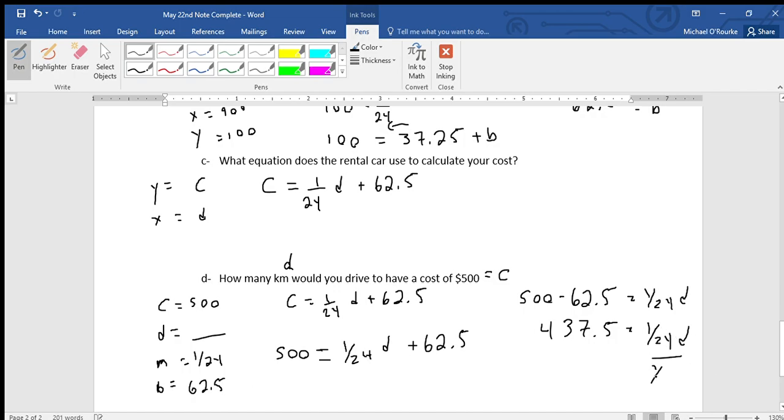Now, divide both sides by this number, which equals the distance you will need to cover. You could drive, that's a big drive, 10,500 kilometers to get a cost of $500. That guy's not making any money on his car.